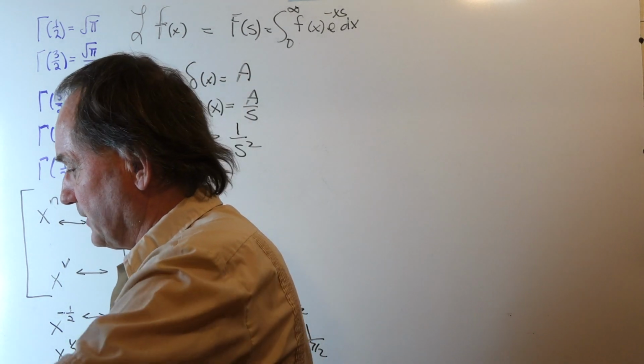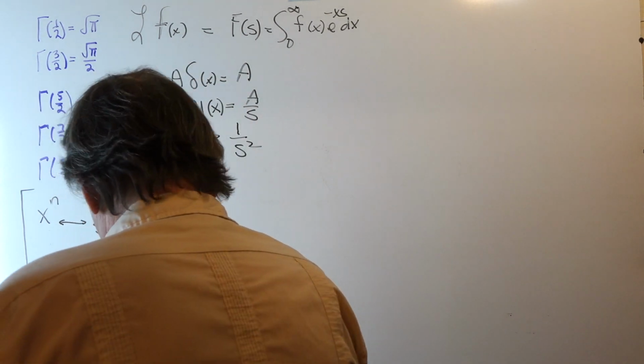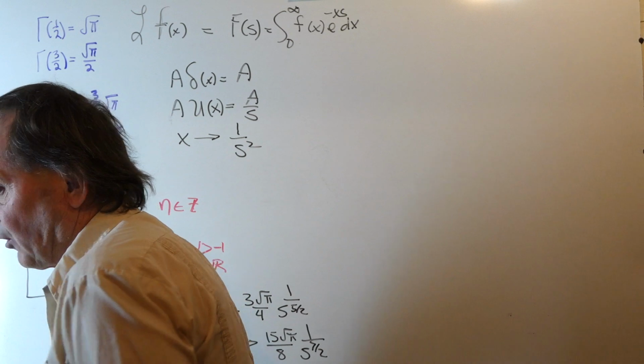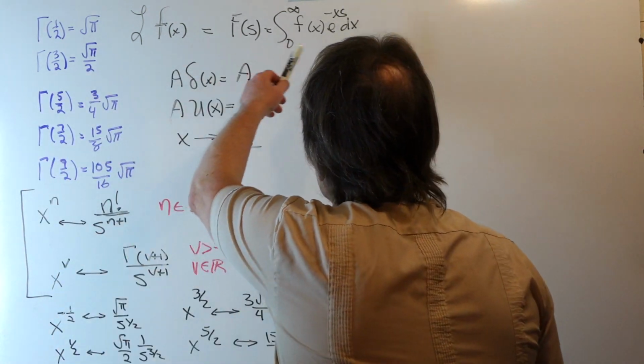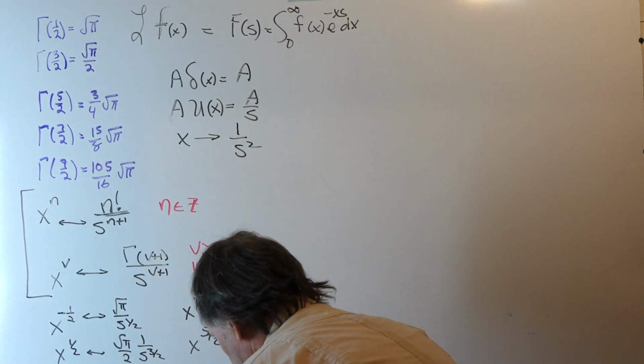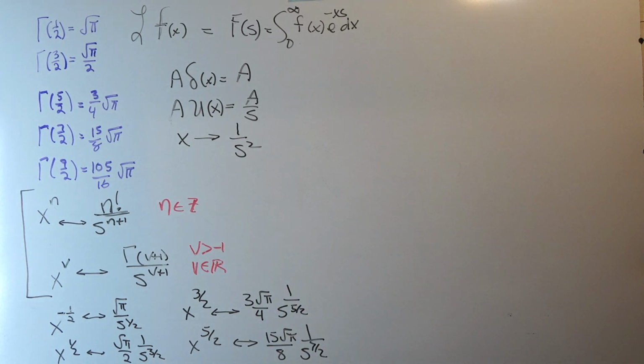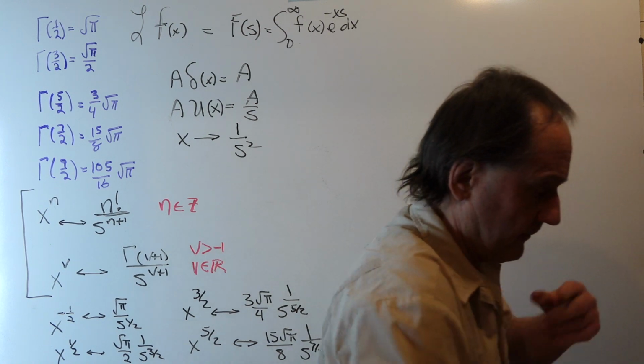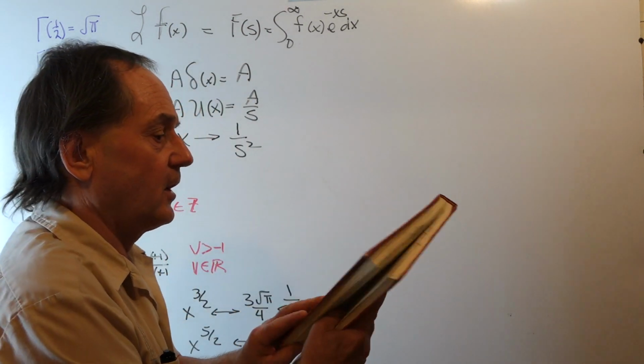Now when you deal with more complicated functions, you don't want to be doing these integrals. There have been books published that give you what are called transform pairs. This is one such book.